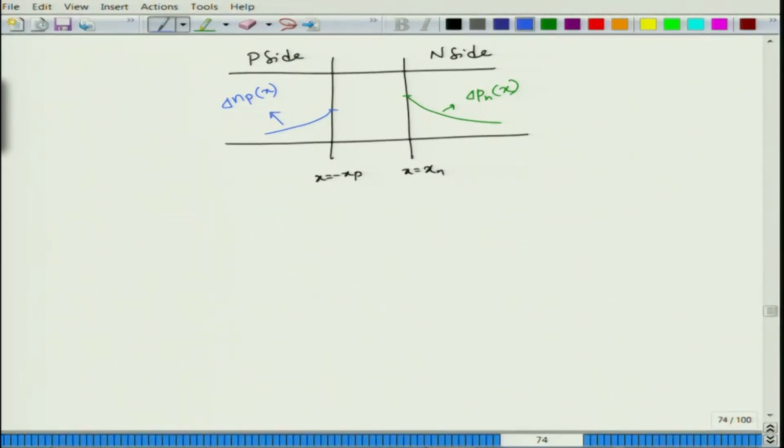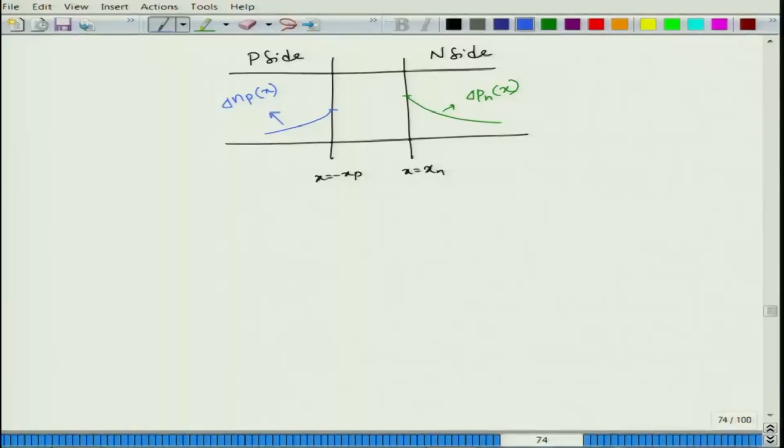Now, you can see the direction of these two changes for delta n_p and delta p_n are in opposing directions, right. So, if you fix your origin here for the delta n_p, then let us say that x is increasing in this direction. So, let us use a new symbol x_1, which is opposite to the direction of x, and on the other hand, if you fix the origin here, you name this coordinate system x_2.